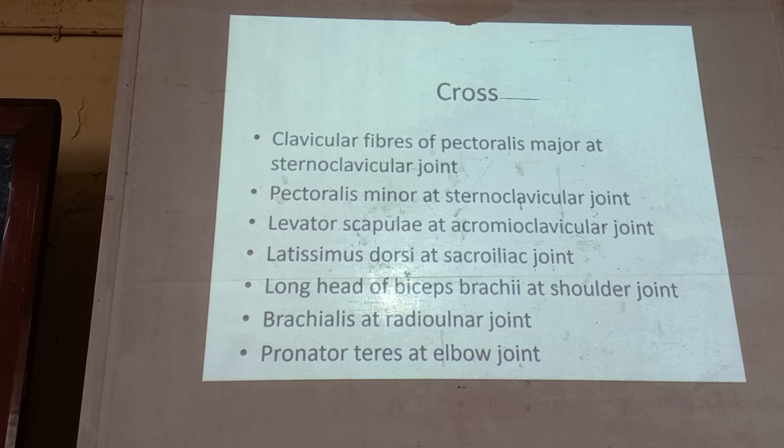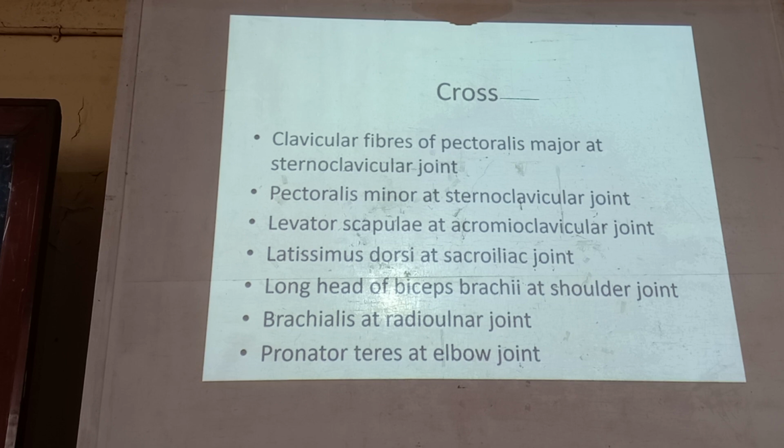Let's take the second example. Pectoralis minor at the sternoclavicular joint. Pectoralis minor arises from ribs. Whether it's third, fourth, fifth, or second, third, fourth, fifth, doesn't really matter. Ribs. Inserts on scapula. How will ribs reach scapula through synovial joints?